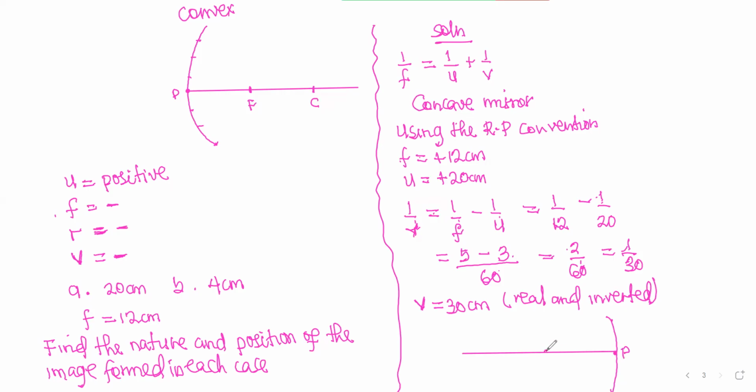So focal length is here, and this distance from the pole is 12 centimeters.